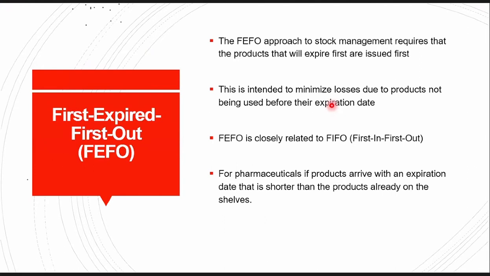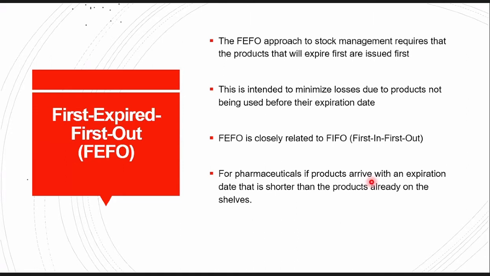So it's extremely important for a pharmacist to observe expiry dates regularly. FEFO differs from FIFO, first in, first out. FIFO can apply maybe to perishables in the food industry, but in the pharmaceutical industry, in the distribution chain, we use FEFO. There will also be times when your incoming products have a shorter expiry than the products on your shelf.